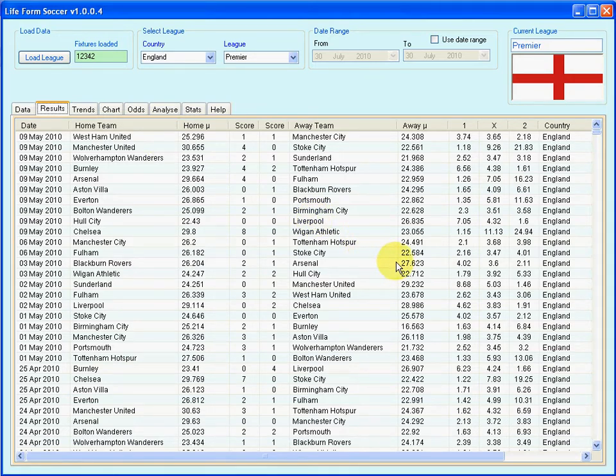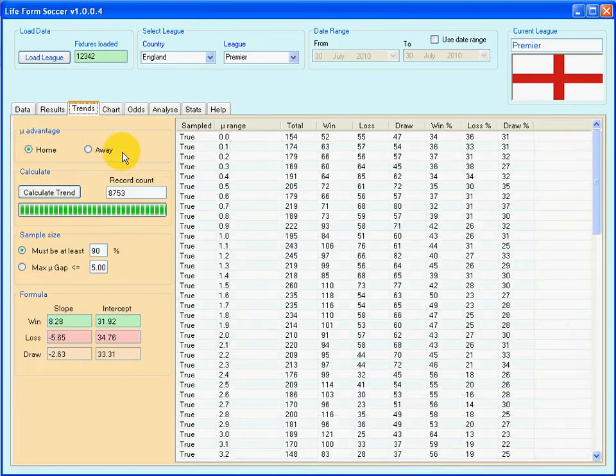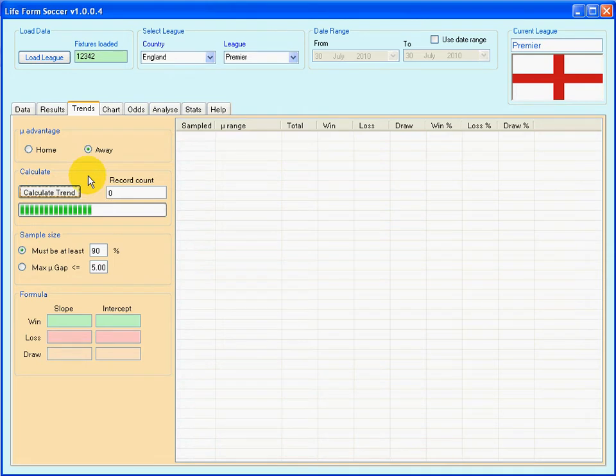We have Arsenal away with a mu value of 27.623, and we have West Ham at home with a mu value of 25.296. The difference between these two values is 2.327. Now remember, our away team, Arsenal, now has the mu advantage, so we calculate an away trend.